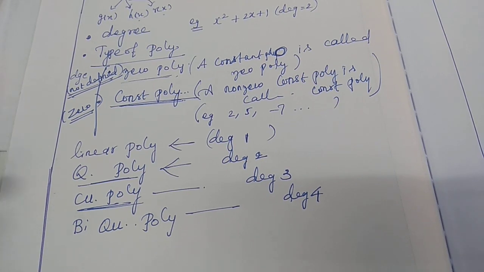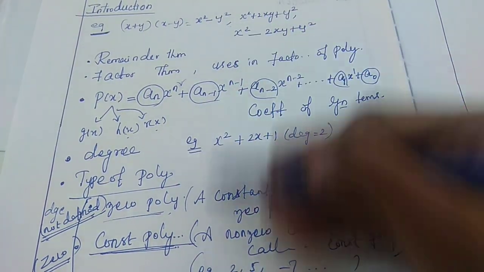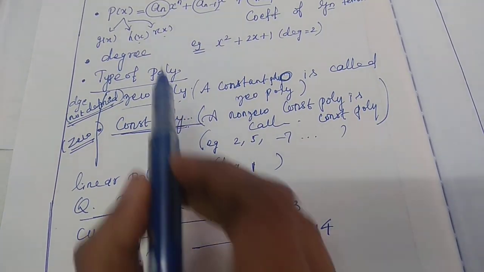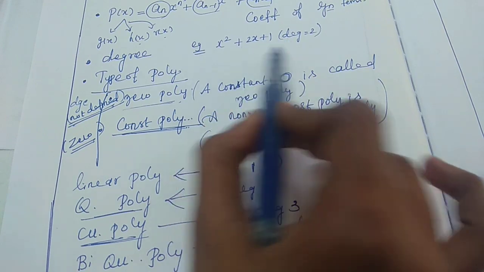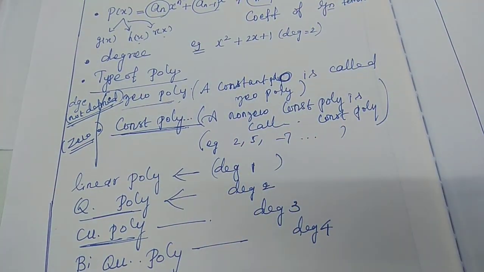In the above discussion, we have dealt with only one variable, that is only x terms here. These are called polynomials of one variable.